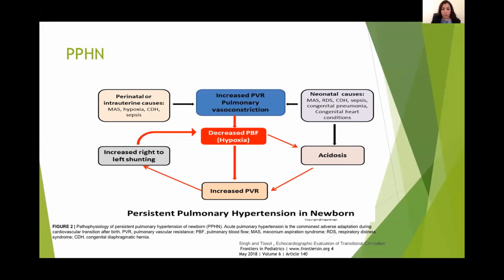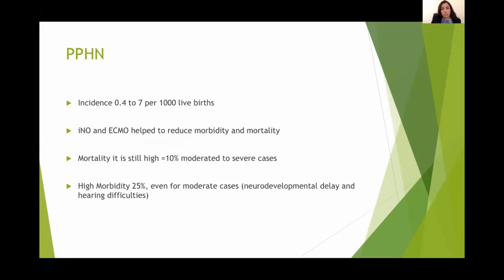The incidence of PPHN is not well known, but these are statistics from the USA. We have an incidence between 0.4 to 7 for each 1,000 live births. People used to think it was only for term or near-term babies, but it also affects preterm babies, around 5 per 1,000 live births.